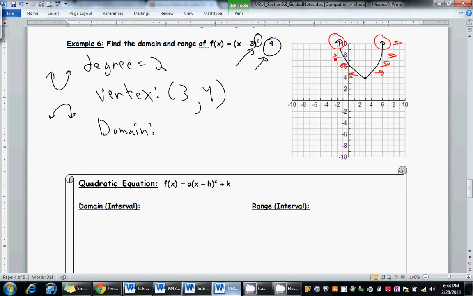As I go to the left, I keep going a little bit further out every time. And the arrows tell me that's going to keep happening forever and ever. So the domain here, again, is negative infinity to infinity. The smallest value, there is none. It's negative infinity. The largest value, I'm going to keep going out to the right, so that's going to be positive infinity.